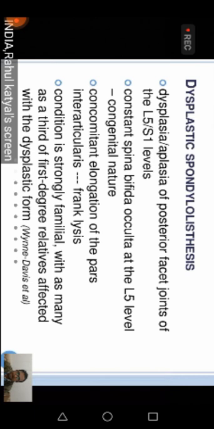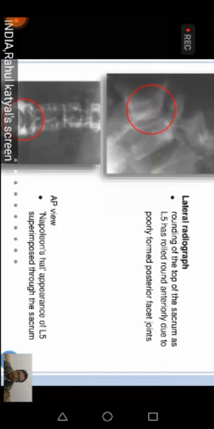So the dysplastic we are not discussing, since it is because of some congenital defects, right? Isthmic is also because of repetitive fracture or some trauma, some biomechanical changes that occur at L5.